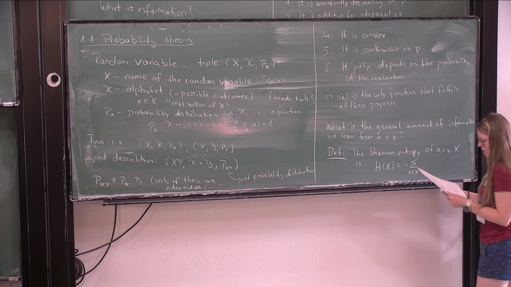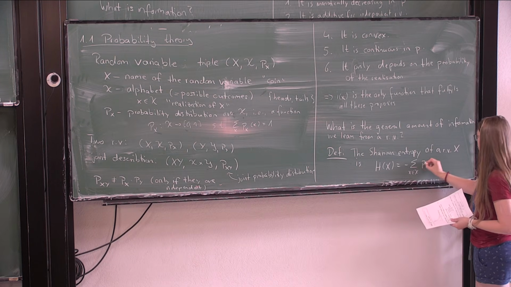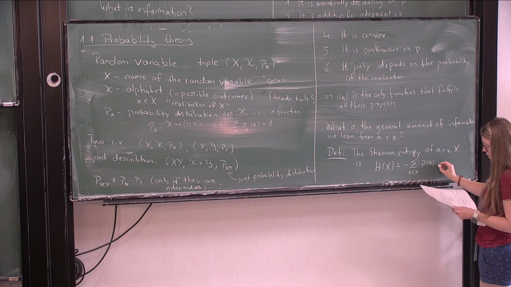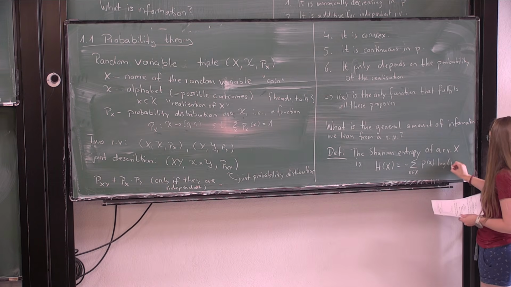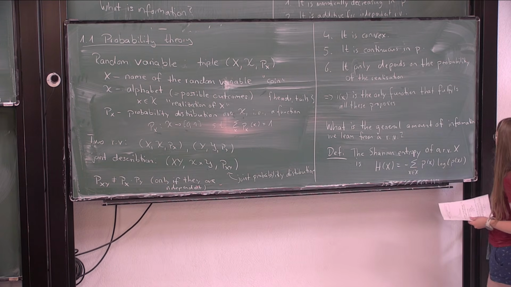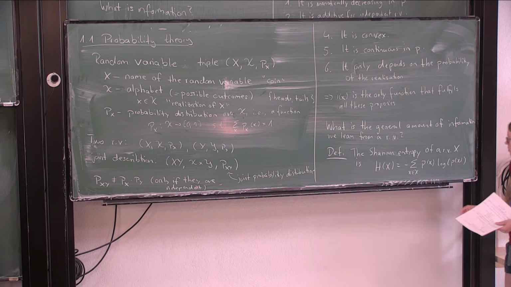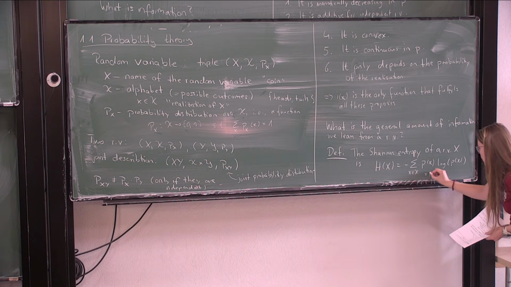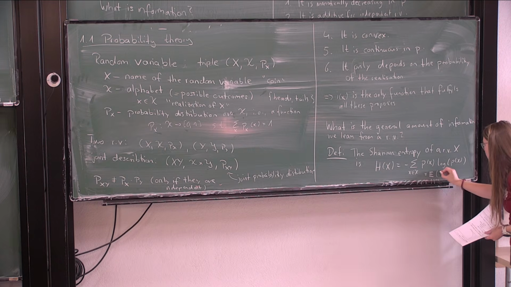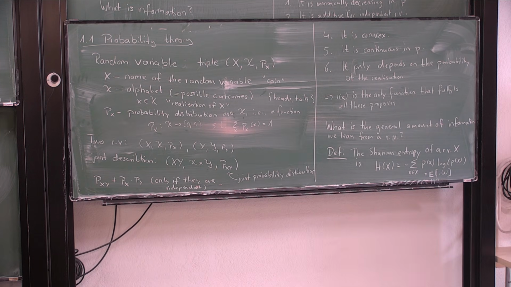For the expectation value, we take the sum over all the realizations, multiplied with the probability. This is the expectation value of the information quantity over all the realizations of X.